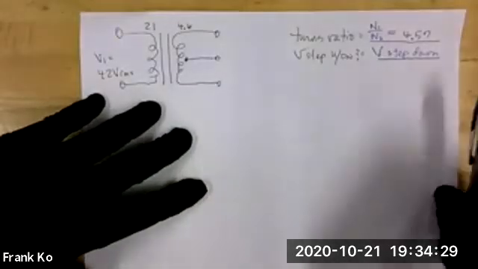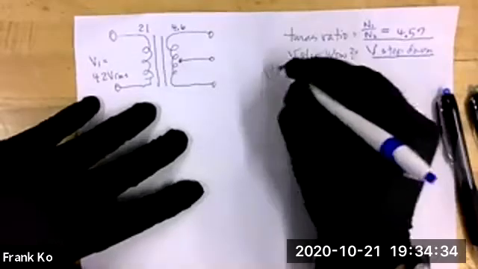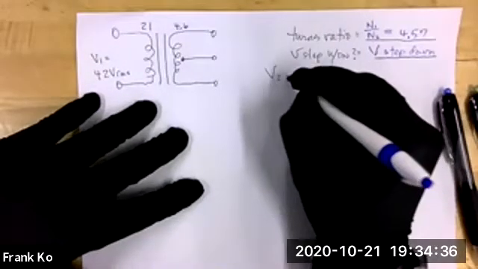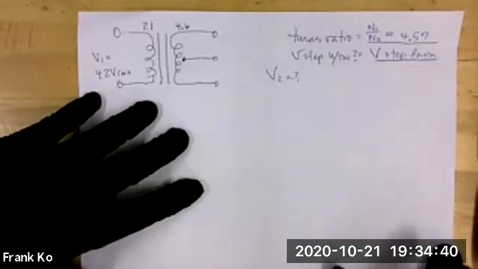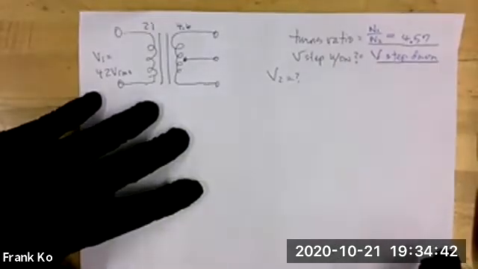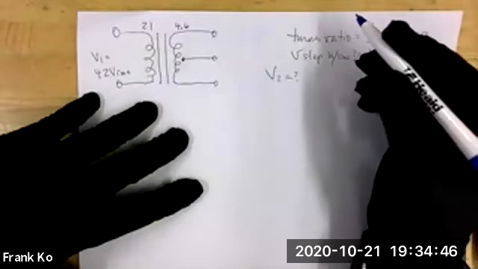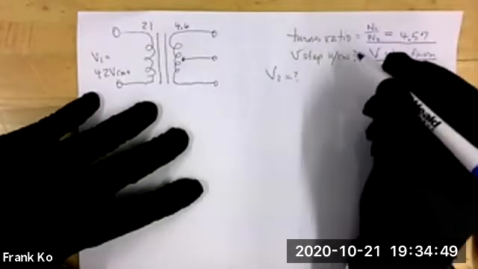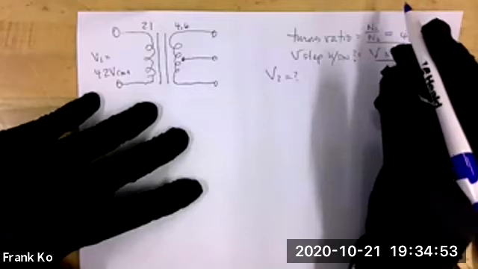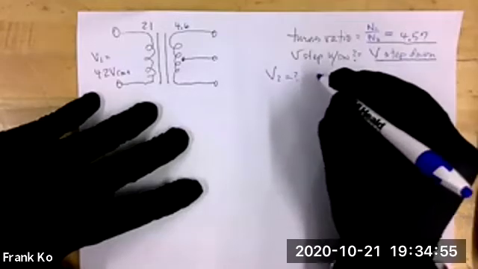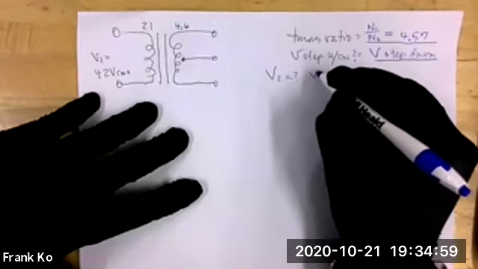Can we determine our V secondary, V2? How do I set that up, Chase? Give me a formula that sets that up for us, please.